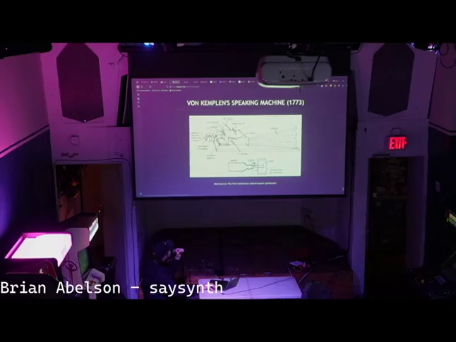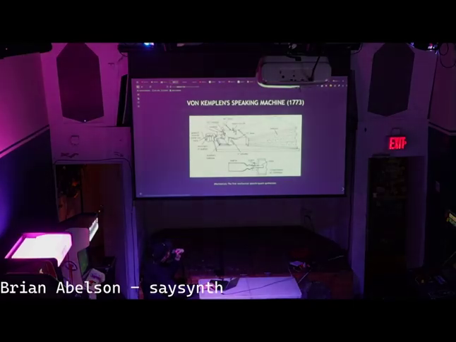All right, so how this basically works is there's an operator who's pushing air through a reed here, and then they move their hand around on this piece of leather to simulate the shape of a vocal tract.